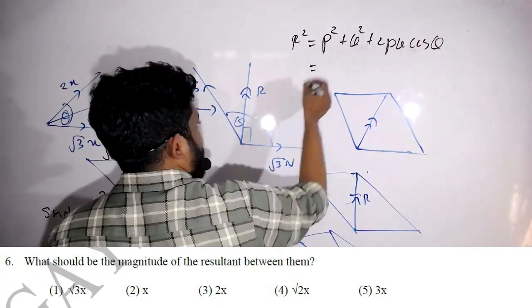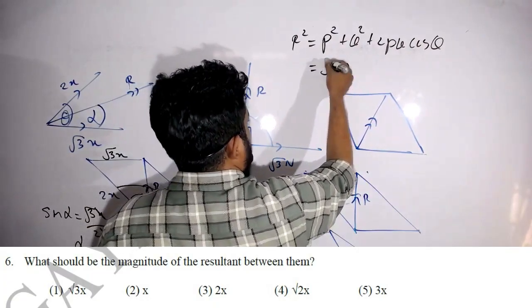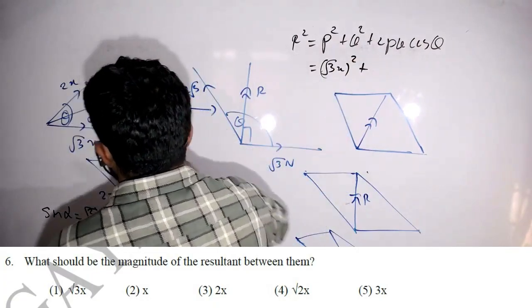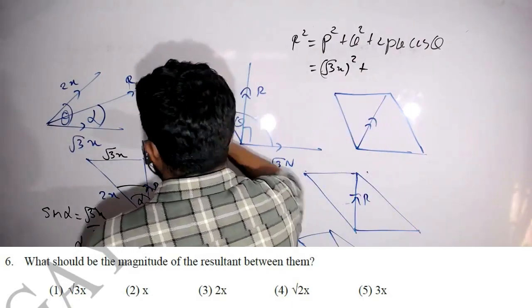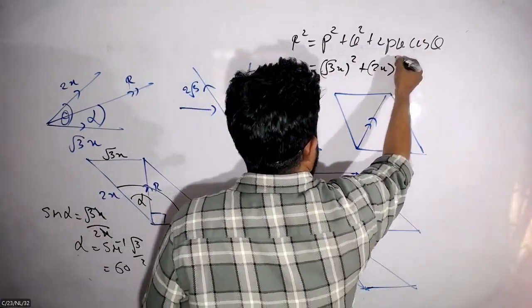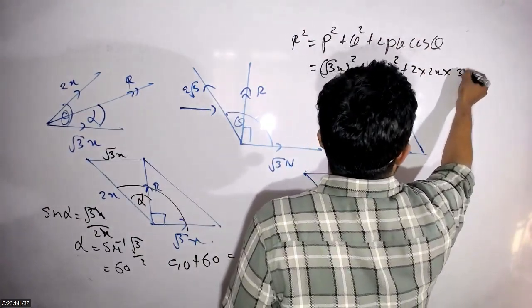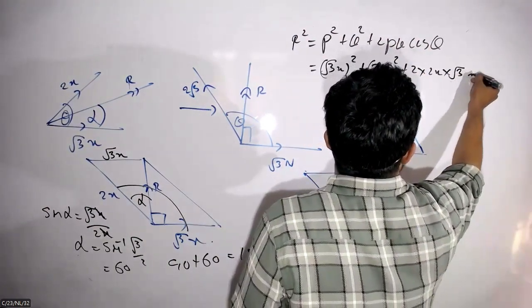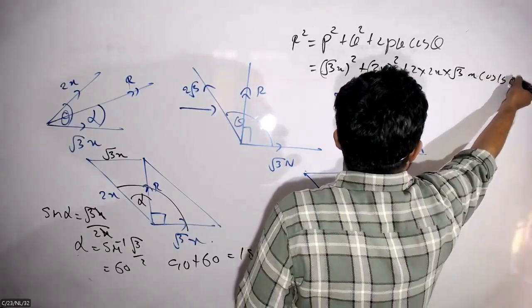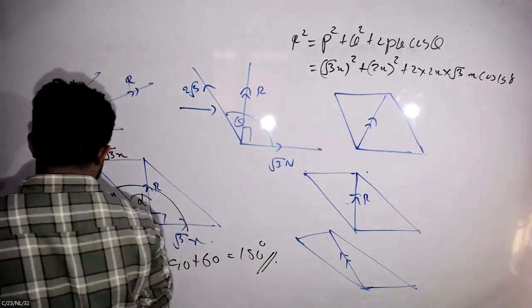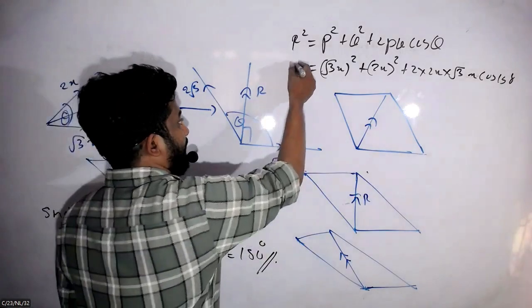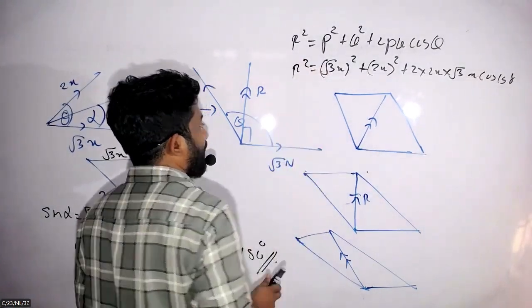Then P is root 3x squared and Q is equal to 2x squared. Then 2 into 2x into root 3x cos 150. The angle between the two vectors is 150 now. Then you can find the resultant by using this equation.